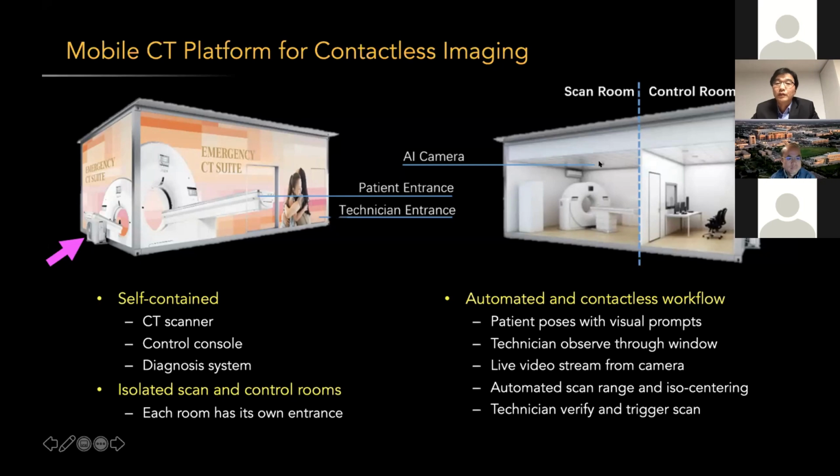Then the camera on the top, we call it the AI camera, as I mentioned before, can automatically estimate the 3D mesh for the patient, then move and adjust the table, and then with confirmation by the technician, the scanner can automatically scan the subject in this way. So basically, like I mentioned earlier, we can protect the technicians.